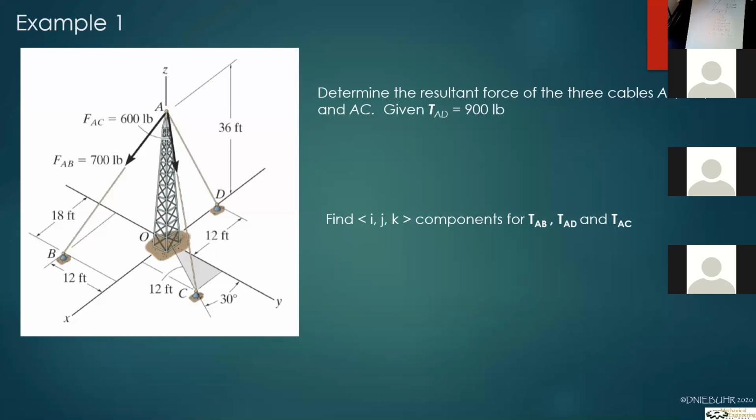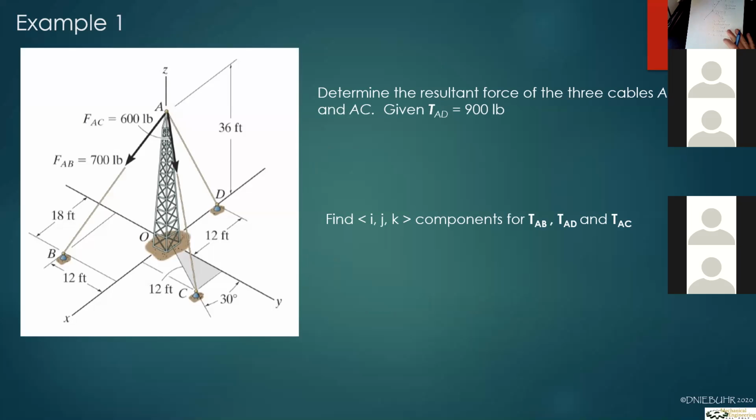So this is an example of what you would do with these forces. You should be able to toggle between the .cam and PowerPoint. The PowerPoint has the actual problem.